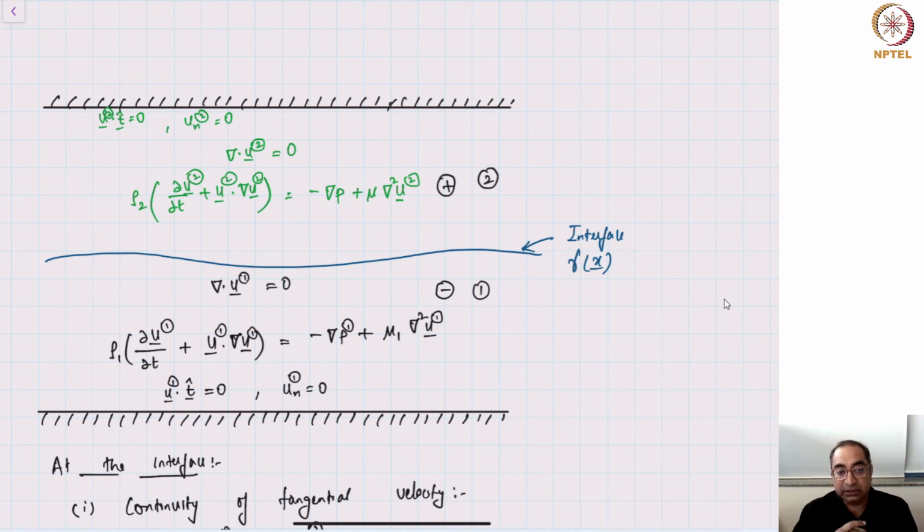For example, I may say that the viscosity of the upper fluid is negligible. That's one kind of assumption. We could also say that the upper fluid is actually passive, which means that it does not contribute to the dynamics at all, but it's only there to generate an atmospheric pressure. For example, a large class of problems, such as coating flows and problems in thin films. These are called free surface problems.